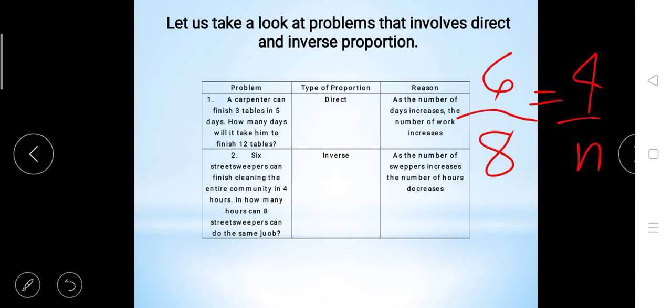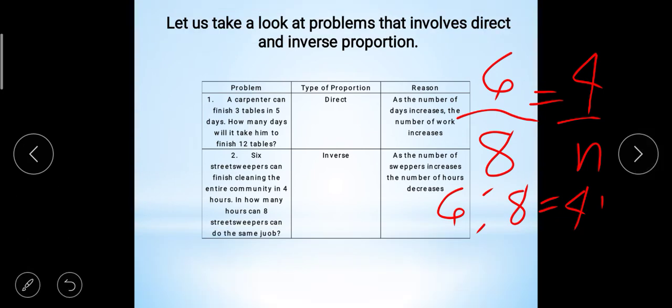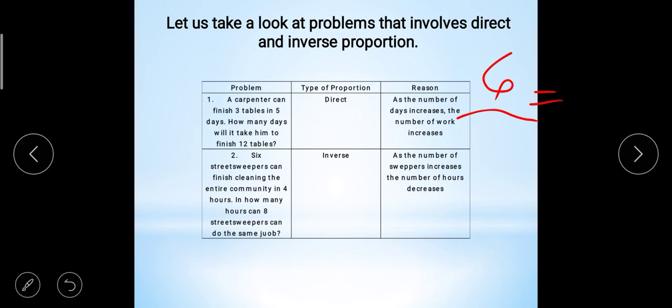Okay, so pag susulat natin siya, 6 is to 8 is equals to 4 is to n. Sorry ha. Okay, so 8 times 4, same lang pala. Baliktad ako. This one should be the n, and then 8 is equals to.